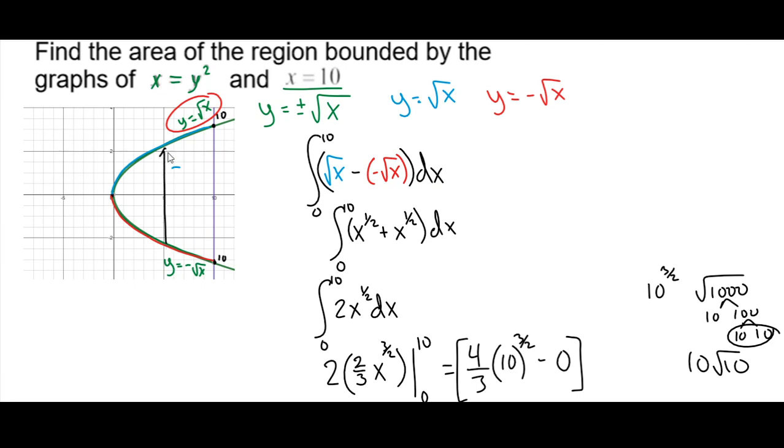You would go this way with respect to y, and cut your slices this way. See that? And the height of your function would now be a function of x equaling your y stuff, and the top function would be x equals 10, and your bottom function would be y squared in this case.